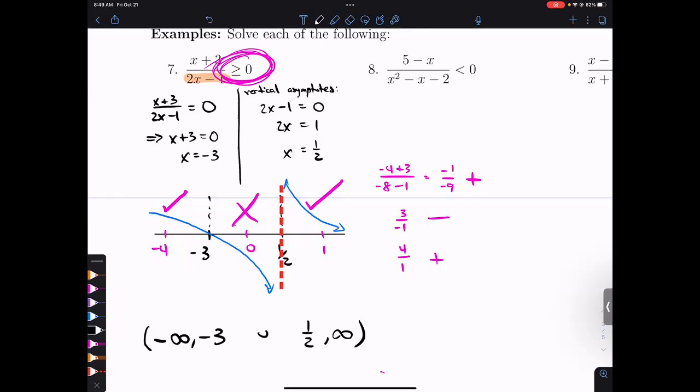The question was greater than or equal to, and what happens at -3? It's equal to. So what about 1/2? No, why not? Because what happens at a half? You get an asymptote, right? It doesn't touch it, doesn't reach it, so that one's open.